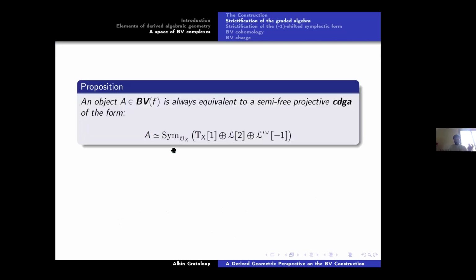The first thing we get is that a point A in there will always be equivalent to some semi-projective CDGL like this. So a few things: we can say that the differential with T_X and L is the Koszul-Tate differential, and this is exactly the Chevalley-Eilenberg part of the quotient.